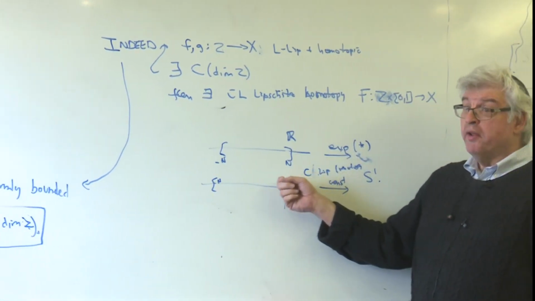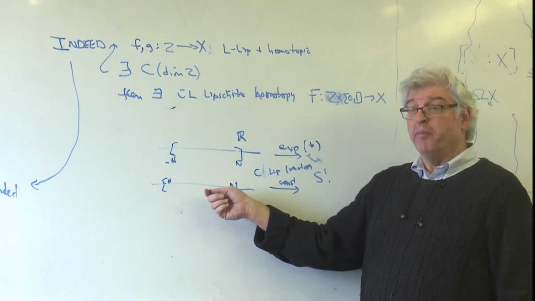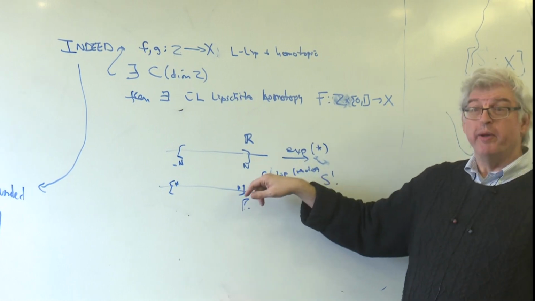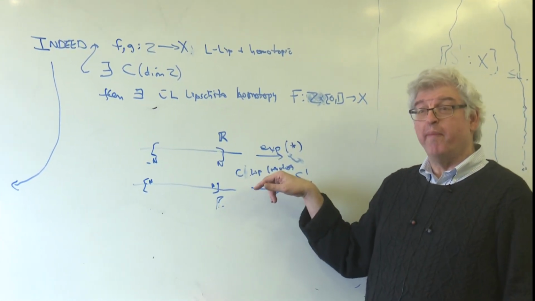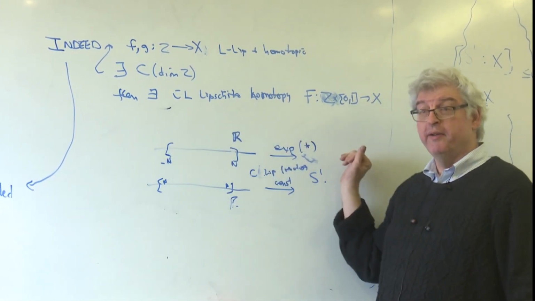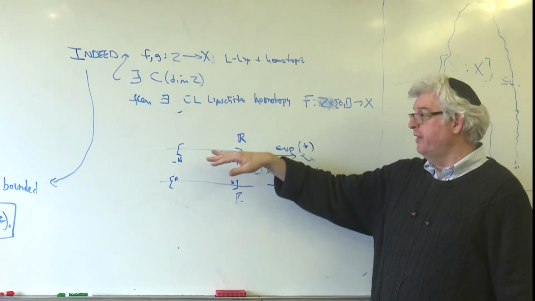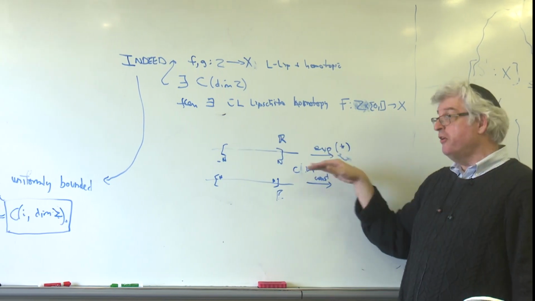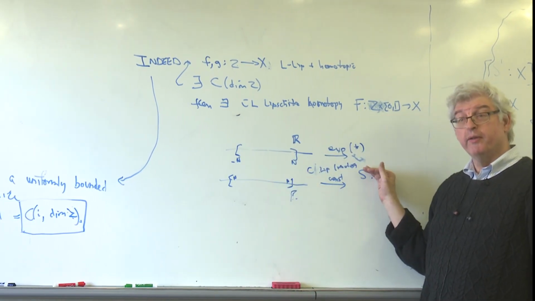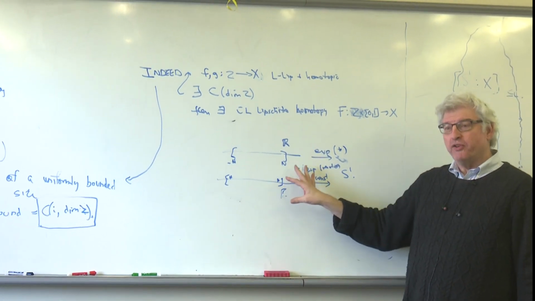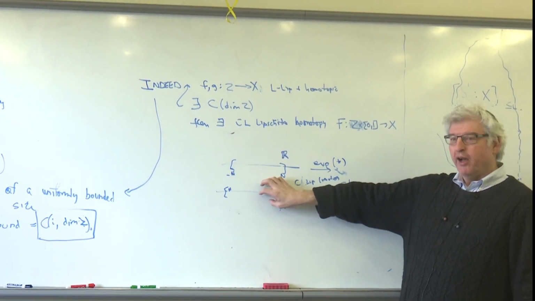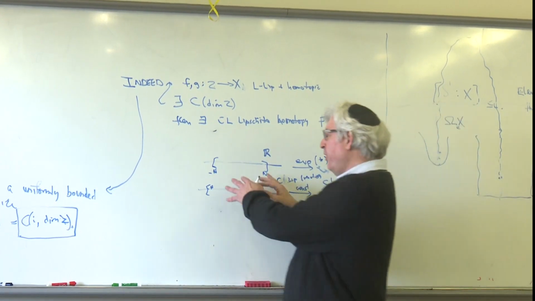Now, I could use Arzela-Ascoli, which tells me that a subsequence of these homotopies will converge to a C-Lipschitz homotopy on the map from R, on these two maps from R to the circle. The Arzela-Ascoli theorem enables you to take a subsequence of these things.